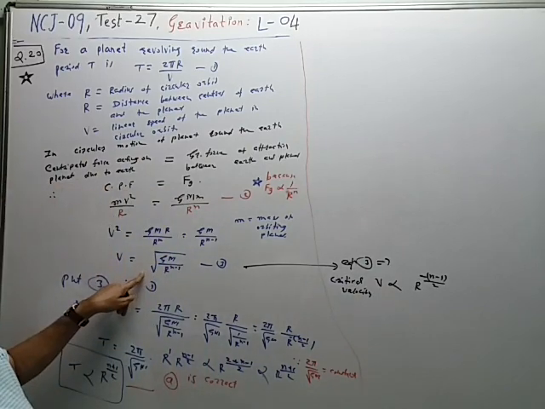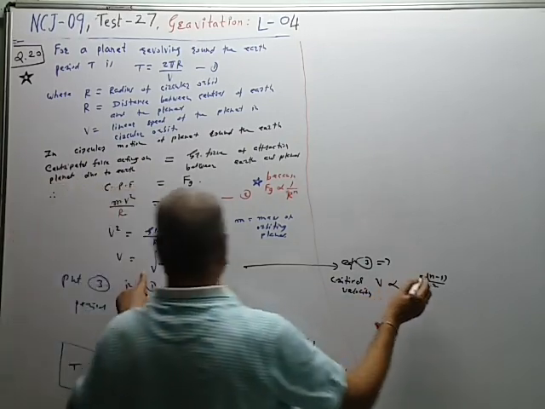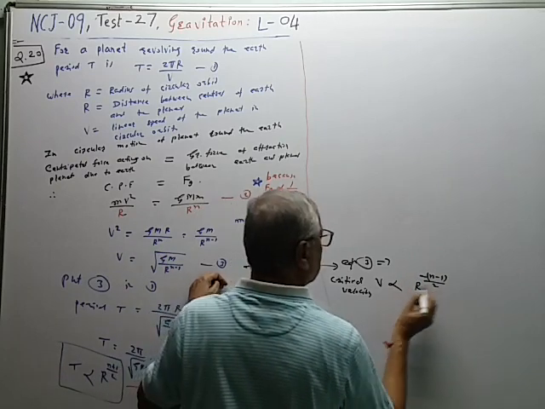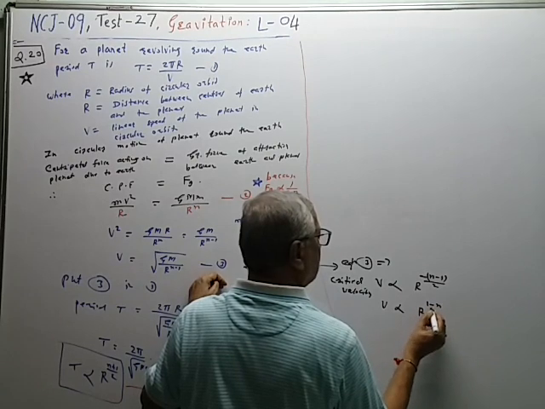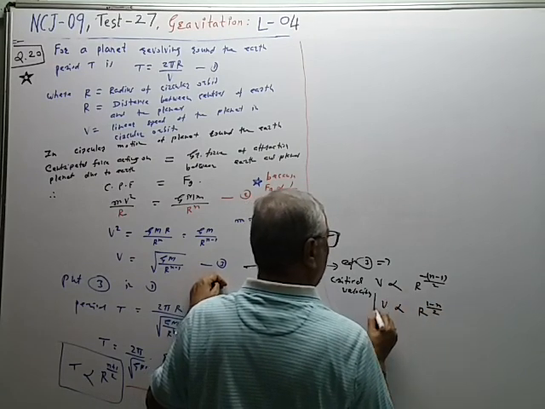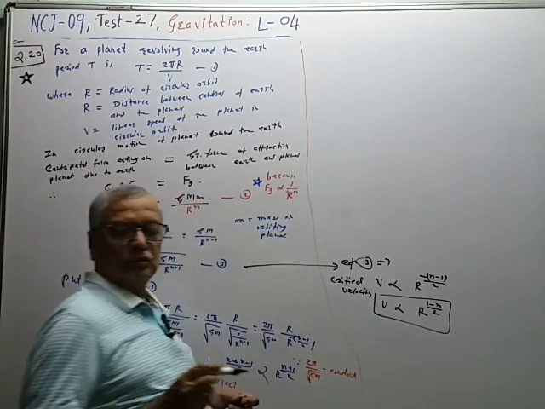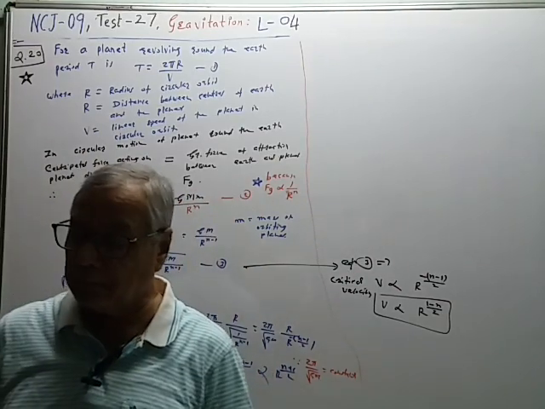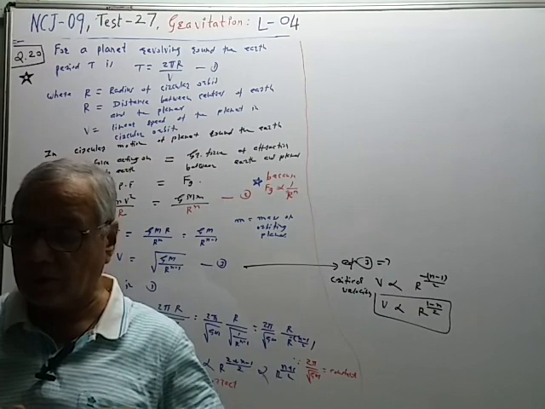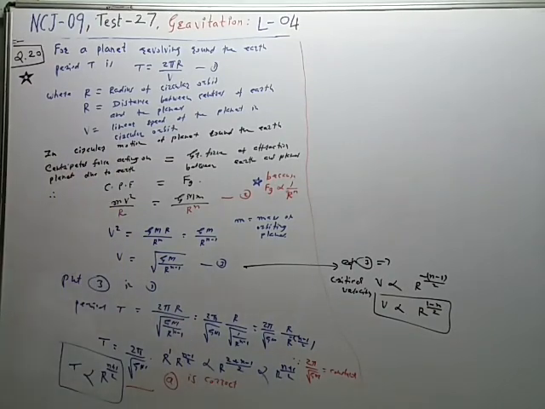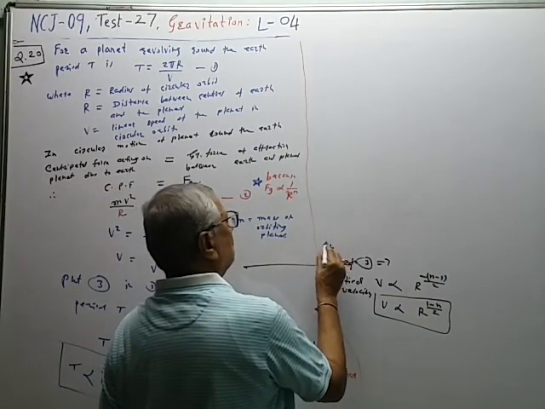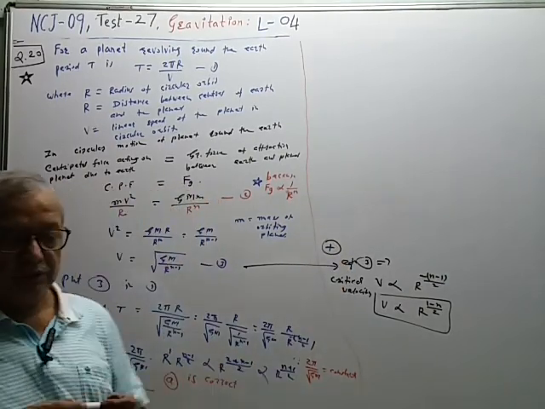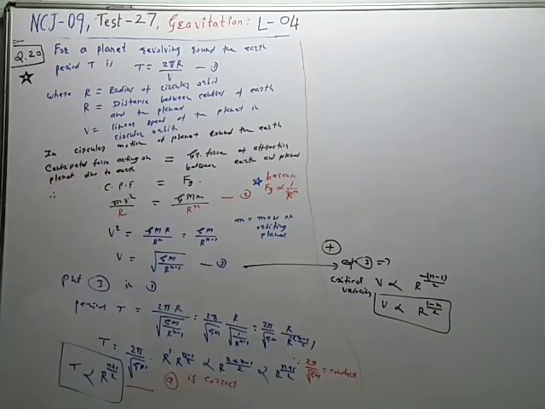When we remove the square root sign, we have to add 1 by 2, and this will go up, so it will become plus 1. So v is directly proportional to r raised to 1 minus n by 2, like this. So you can find any quantity in circular motion like this. This is the additional part. The linear speed will be directly proportional to r raised to 1 minus n by 2.